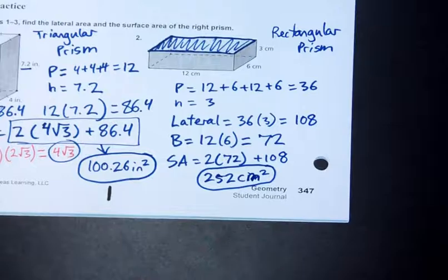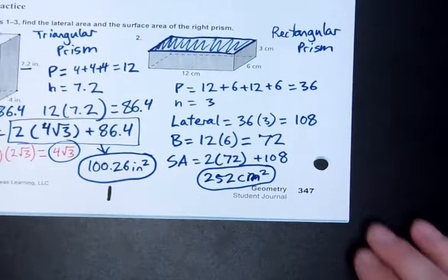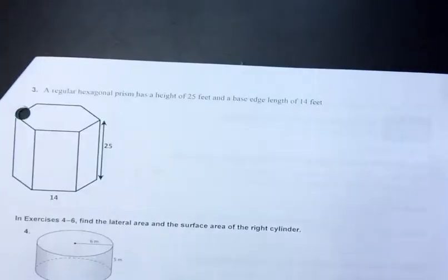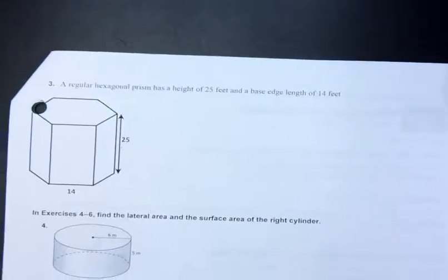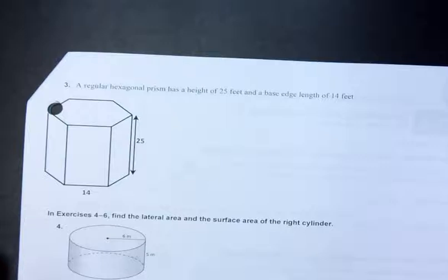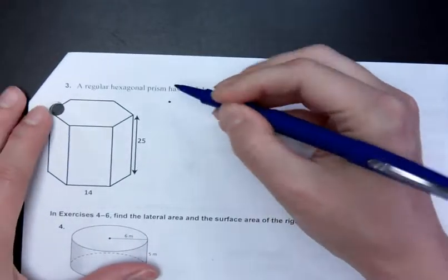All right, so when you have that, flip over to the next page. Hexagon prism. Okay, so hexagonal prism. Has our formula changed at all? No. So what is the base here?